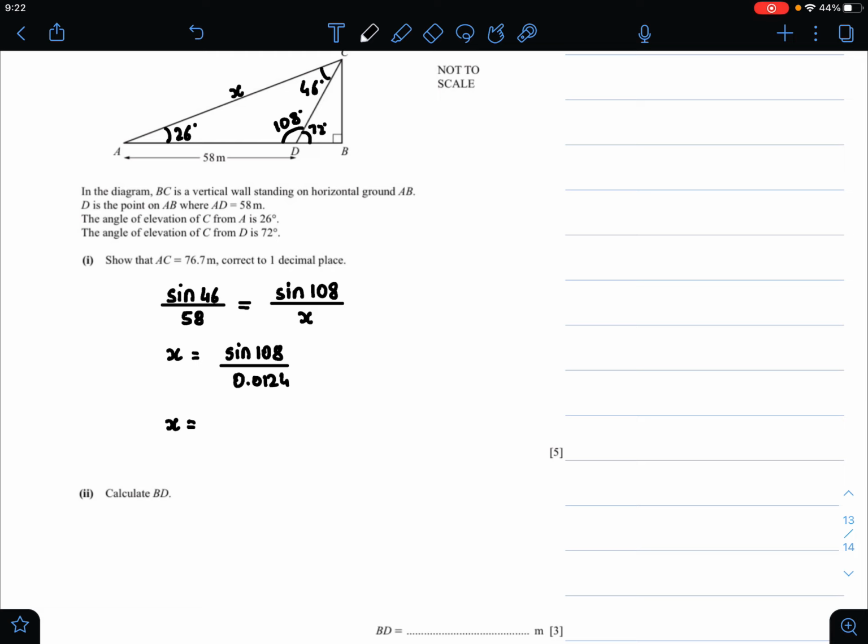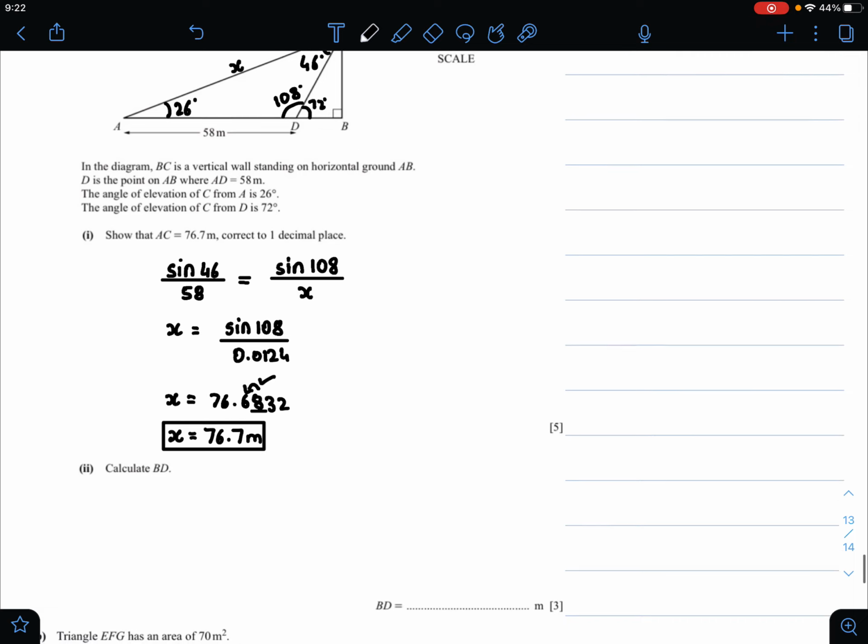That would be equal to 76.6832. And since we need to give our answer in three significant figures, your final answer would be 76.7 meters. This is because the fourth significant figure in this case, which is 8, is greater than or equal to 5, so it will round off the third significant figure to the next number.